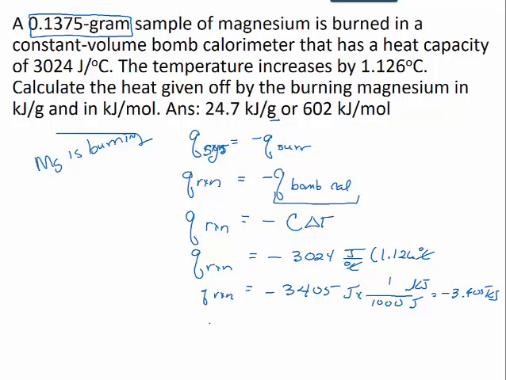And if we take that negative 3.405 kilojoules and divide by how many grams we have, which is 0.1375 grams, we get this value in kilojoules per gram, which is a negative 24.76 kilojoules per gram. But we also want it in kilojoules per mole.